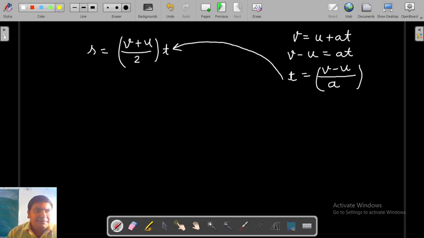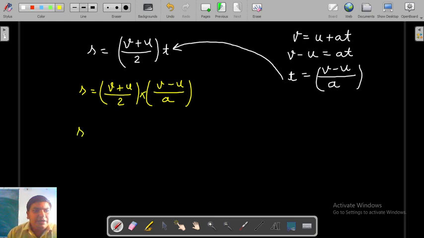So what we get here, that is s equals to (v plus u) by 2 and (v minus u) by a. So now I hope that you know the expression that if there is x square minus y square, we can write this as (x plus y) and (x minus y).